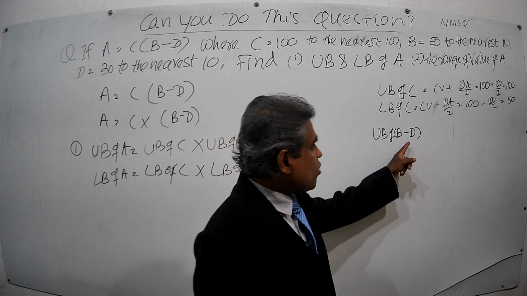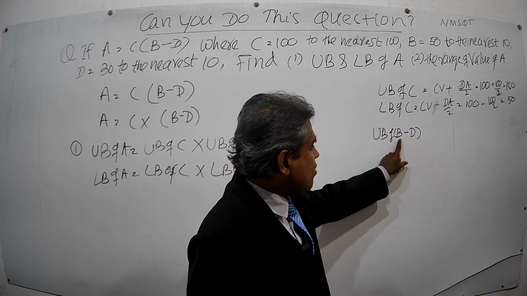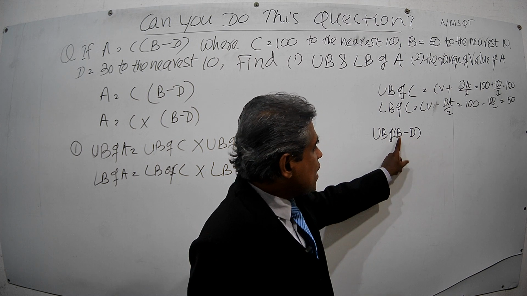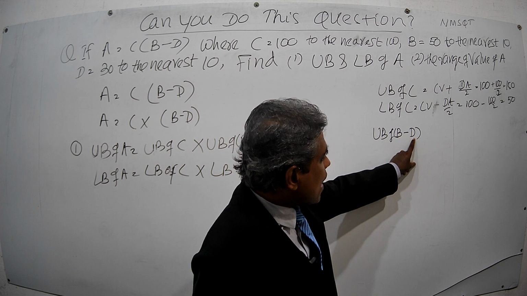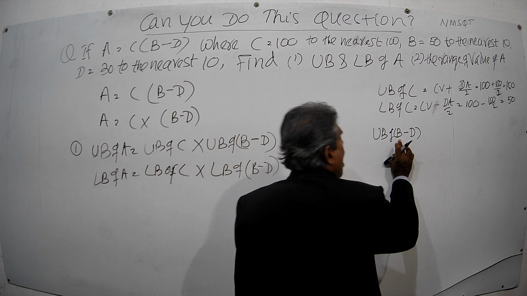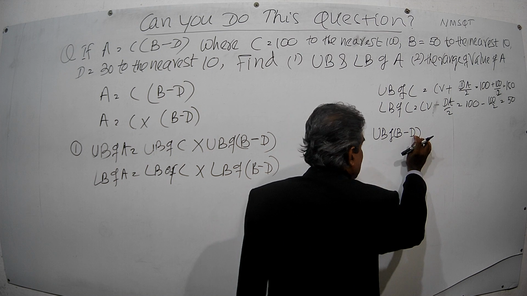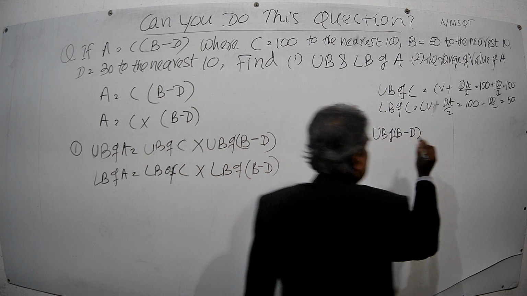This difference is found by deducting the smaller value from the larger value. Therefore, you take the upper bound of the larger value and deduct from that the lower bound of the smaller value.